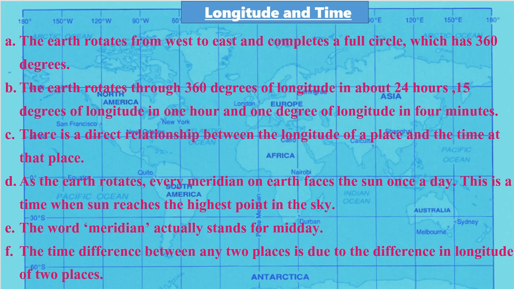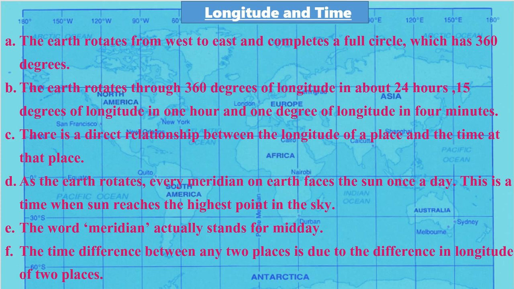The rotation of the earth gives us the measure of the day, that is about 24 hours. And the earth, as we know, rotates from west to east and completes one rotation in 24 hours. This also means that it is completing a full circle which has 360 degrees, isn't it?